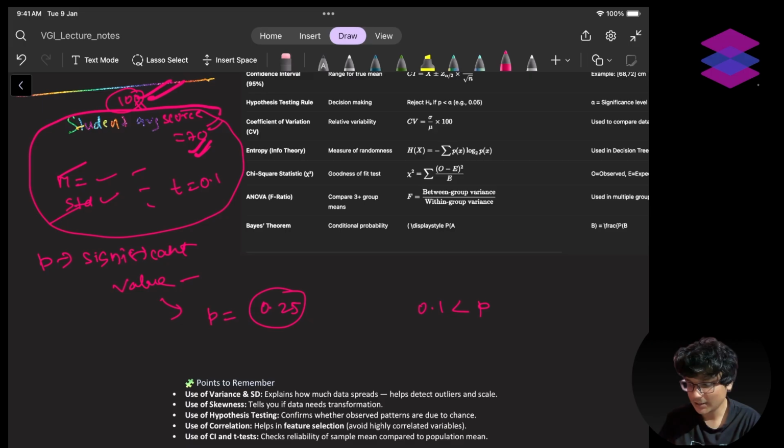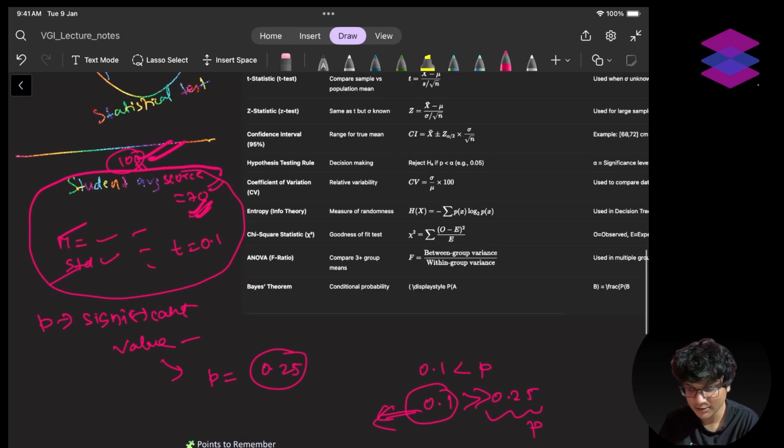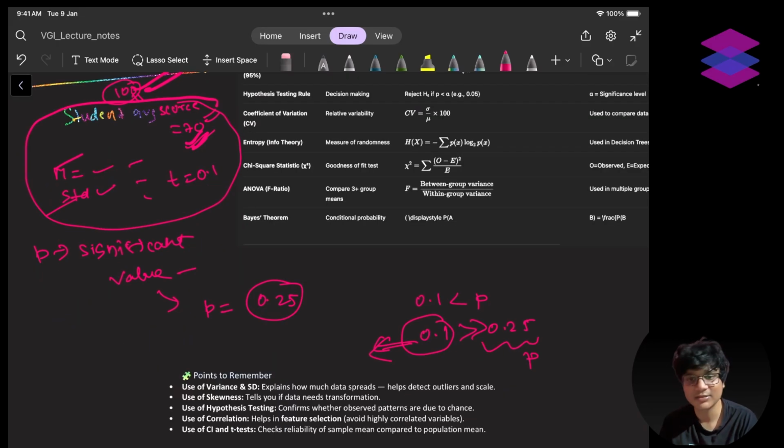Okay, now suppose that after going through all these statistical tests, your result is something like 0.1, which is much greater than your given p value given by your domain expertise, what does that mean? It means that you basically failed to accept this hypothesis that your students are actually getting 70 marks, which means that you need more data, okay, to pass through this statistical test.